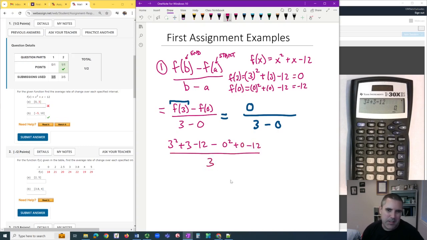Why is that going to get the wrong answer? Because we're supposed to be computing this and then subtracting. So it should be 0 minus negative 12. And what I see students do is not include these parentheses, and so then they will write 0 minus 12 over 4. So that's the takeaway here: you should compute the first one, compute the second one, and then subtract. And you'll see that happen.